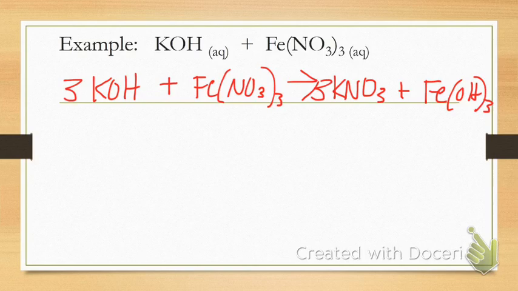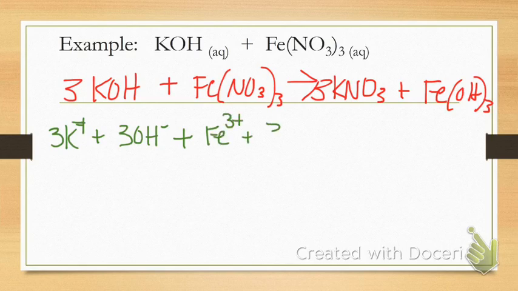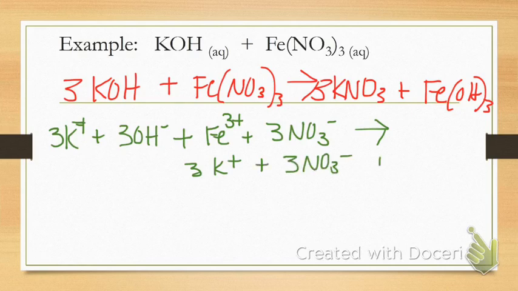The complete ionic, I would break them apart. 3K plus, 3OH minus plus Fe3 plus, 3 nitrates. And then over here that would be 3K plus, 3 nitrates plus, that's a solid, so it stays together.